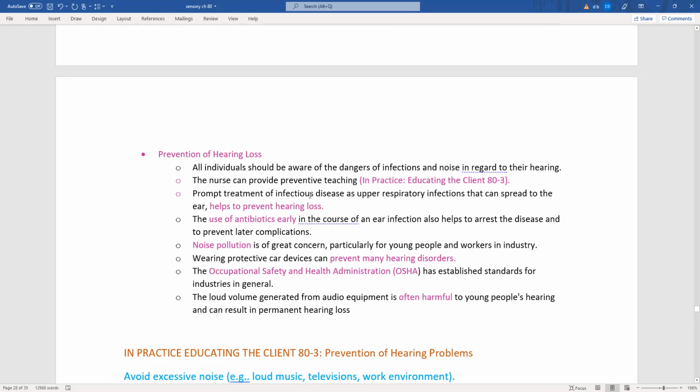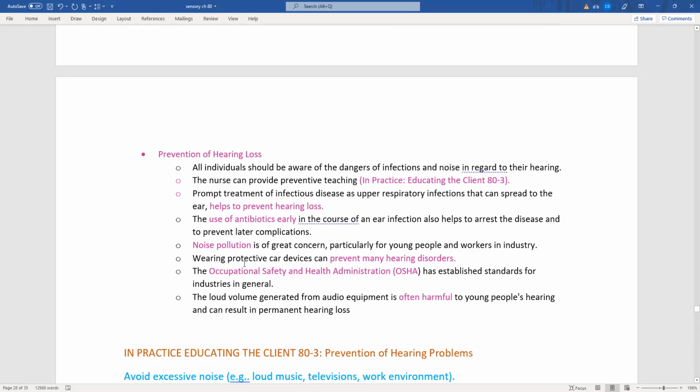So treat that promptly. The use of antibiotics early in the course of an ear infection also helps to arrest the disease and to prevent later complications. Noise pollution is of great concern, particularly for young people and workers in industry.